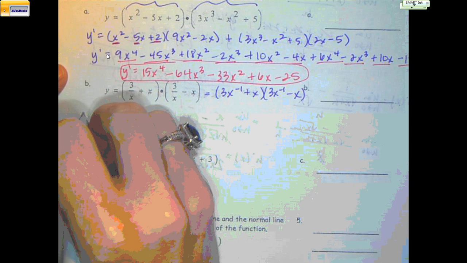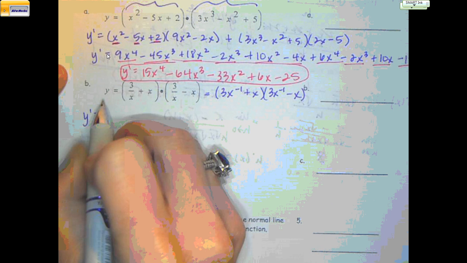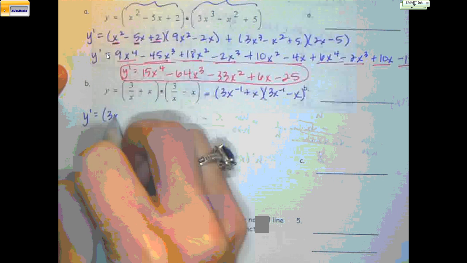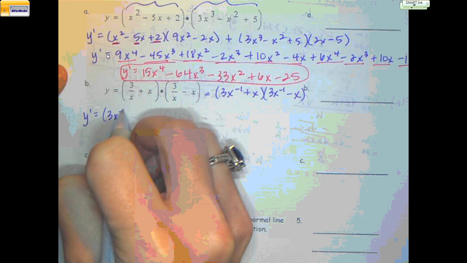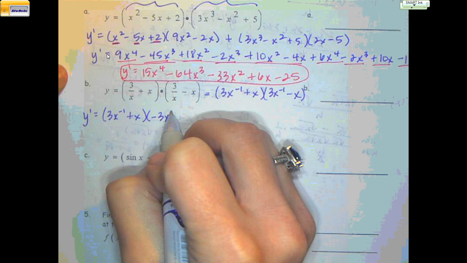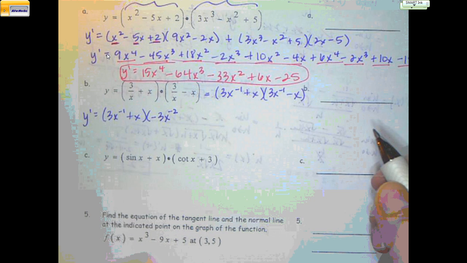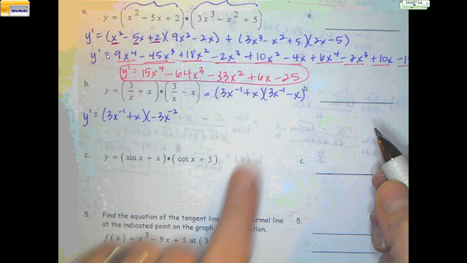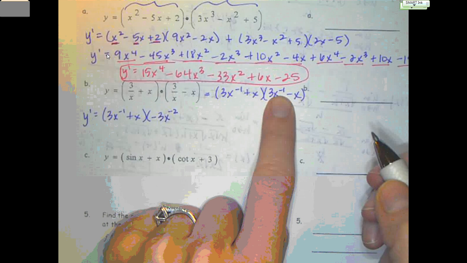Here we go, derivative. The first function times the derivative of the second function. So negative 3x to the what? Negative 2. On your quizzes, some of you weren't sure how to subtract 1 from that. Negative 1 minus 1 is negative 2.